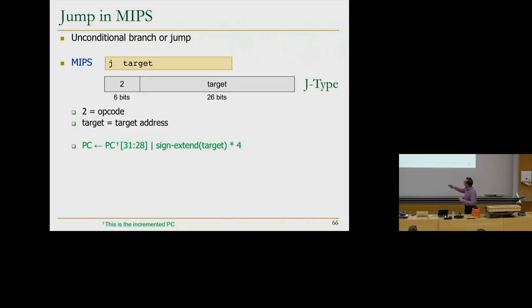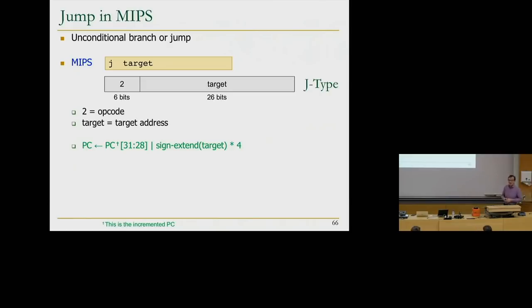Then you concatenate those 4 bits with these 26 bits multiplied by 4. What does that mean? You add 2 zeros at the bottom of the 26 bits, because multiplying by 4 means shifting left by 2. You concatenate that value to the 4 bits of the PC. It's a little bit cumbersome, but you basically take 4 bits and 28 bits, put them together, and that's your next program counter.